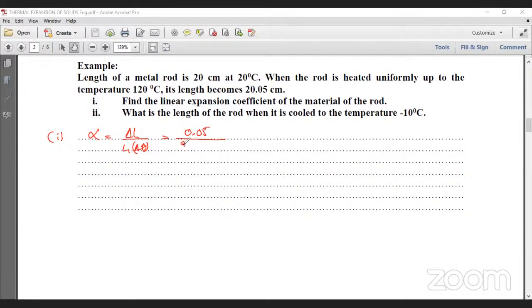L1 is 20 centimeters. Here the centimeters cancel, so you don't need to convert to meters. The temperature change is 100, since 20 Celsius to 120 is a 100 degree increase. So alpha is 2.5 times 10 to the minus 5.